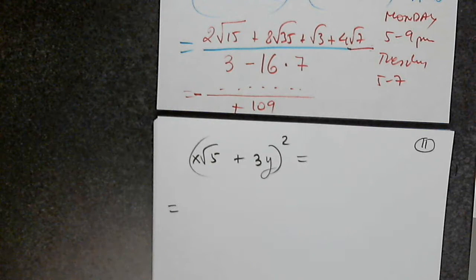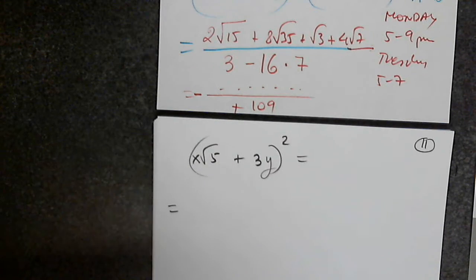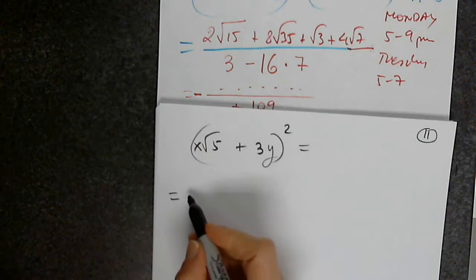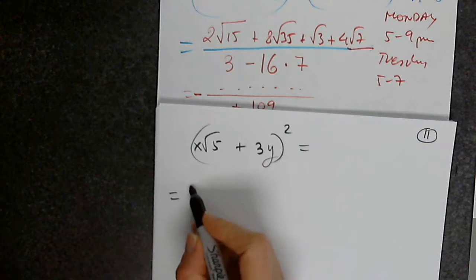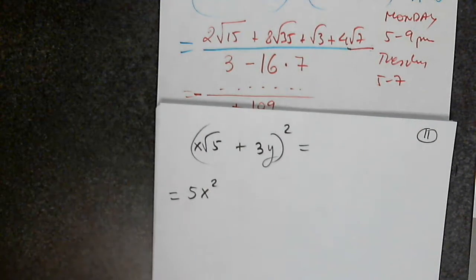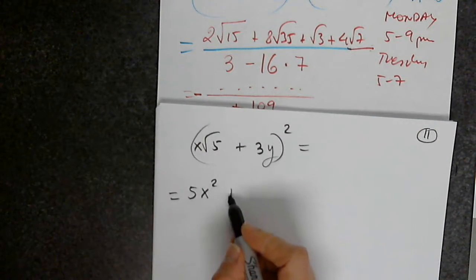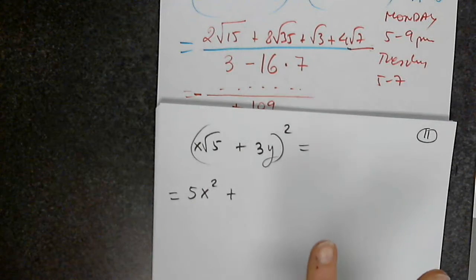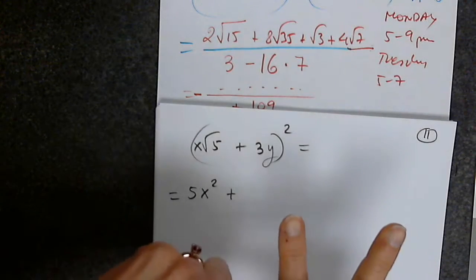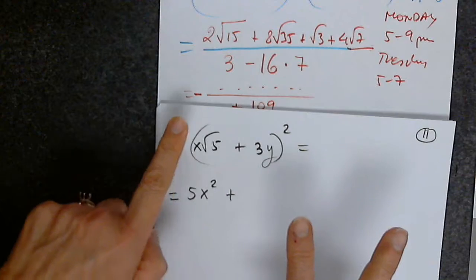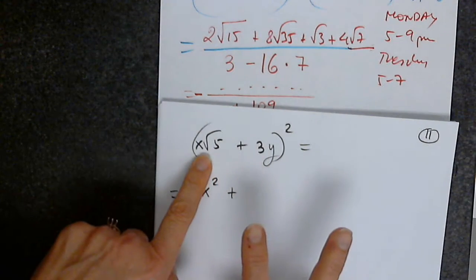Yes, awesome. So let's square the first term. Remember, you have to square each piece of this first term. X squared. Times, awesome. So I'm going to write 5x squared. Plus 2 from the formula. 2 times x times 3y. And then the square root.